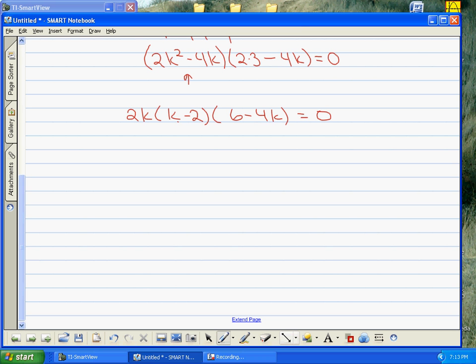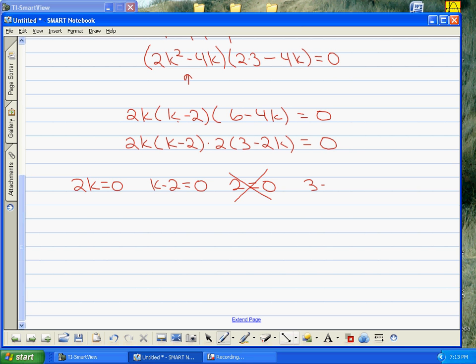I could also factor a little bit more: 2k, k minus 2, times 2, 3 minus 2k. Using this property we learned in Algebra 1, that means that 2k has to equal 0, or k minus 2 has to equal 0, or 2 has to equal 0, which is impossible, so we never worry about it, or 3 minus 2k equals 0.